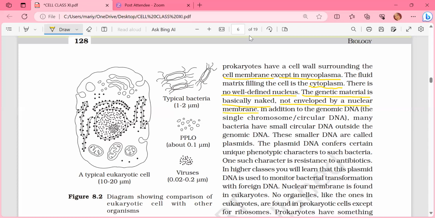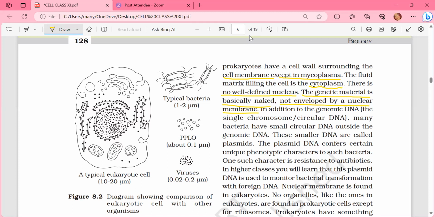If anything does not have a cover on it, isn't that thing exposed? The same thing happens with the content of the nucleus. The genetic material in prokaryotic cells is naked, and that is why it lies freely in the cell.